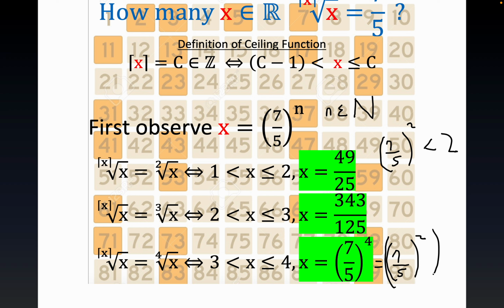But you see, that means if 7/5 squared is less than 2, then 7/5 squared is also less than 4. And so that means this would be another solution. So these are the 3 green solutions that I found. So the answer so far is 3.